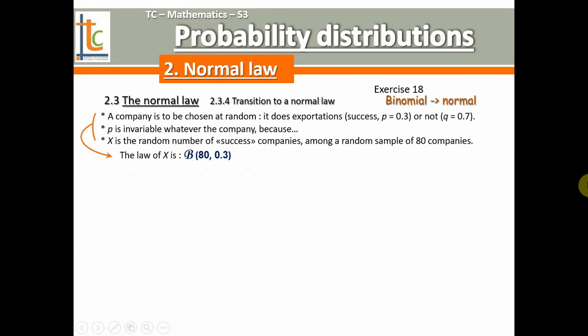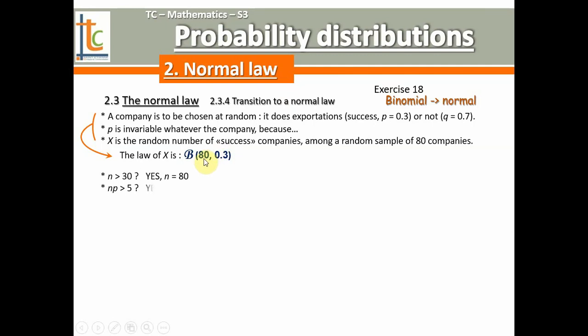Now, second question: could we use a normal distribution instead of this binomial distribution? That could be used too. And what normal distribution? So let's see the criteria. Is n more than 30? Yes, it's 80. Is n times p more than 5? Yes, n times p is 80 times 0.3, 3 times 8, 24.